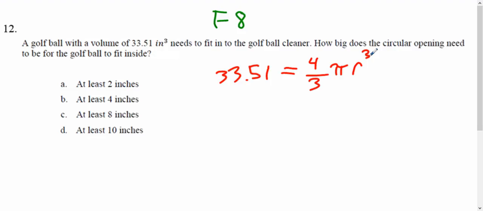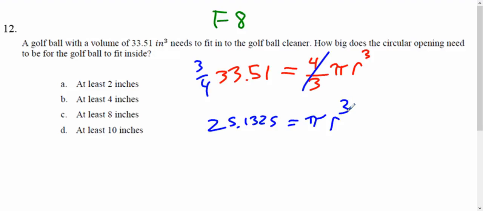We can take this equation, we can solve for the radius. So to solve for the radius, we're going to multiply by the reciprocal. So we're going to take 4/3, do the reciprocal, which would be 3/4. So we get 25.1325 equals pi r cubed.